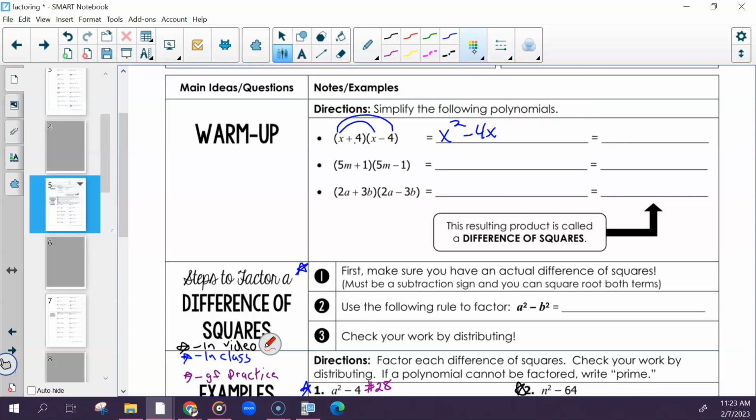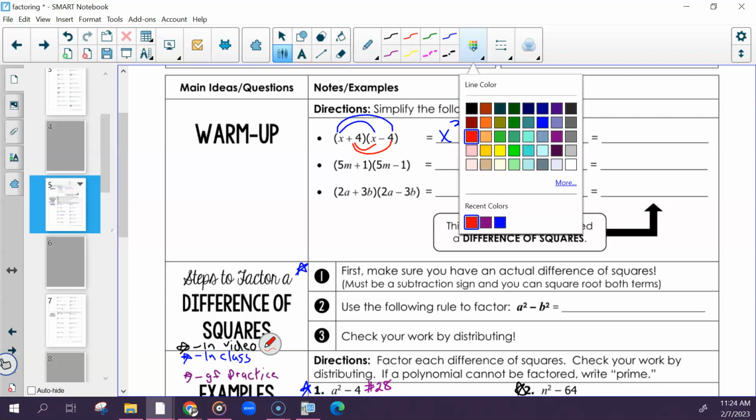And then the inside's 4 times x. What would that give us? 4x. And then the last one, positive 4 times negative 4. Then we could combine our like terms. If we do that, what happens? The x's cancel, leaving just x squared minus 16.